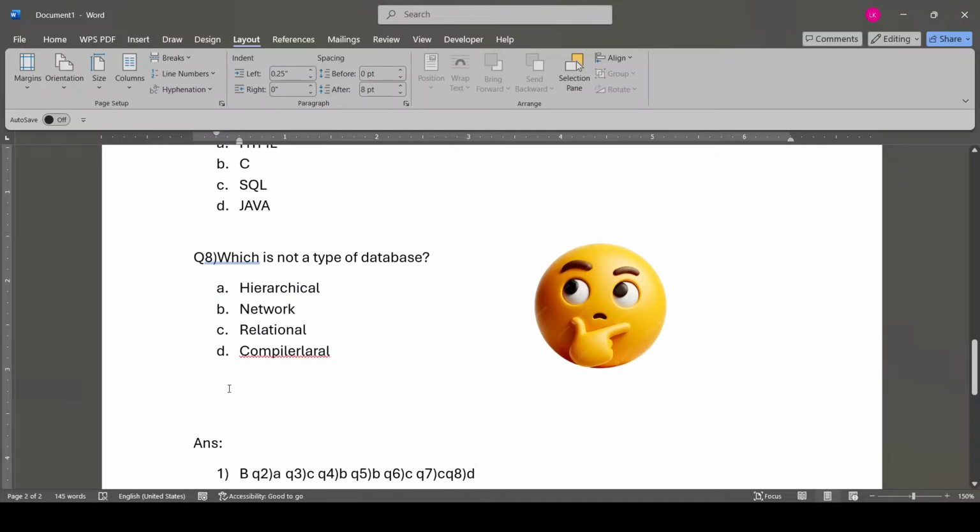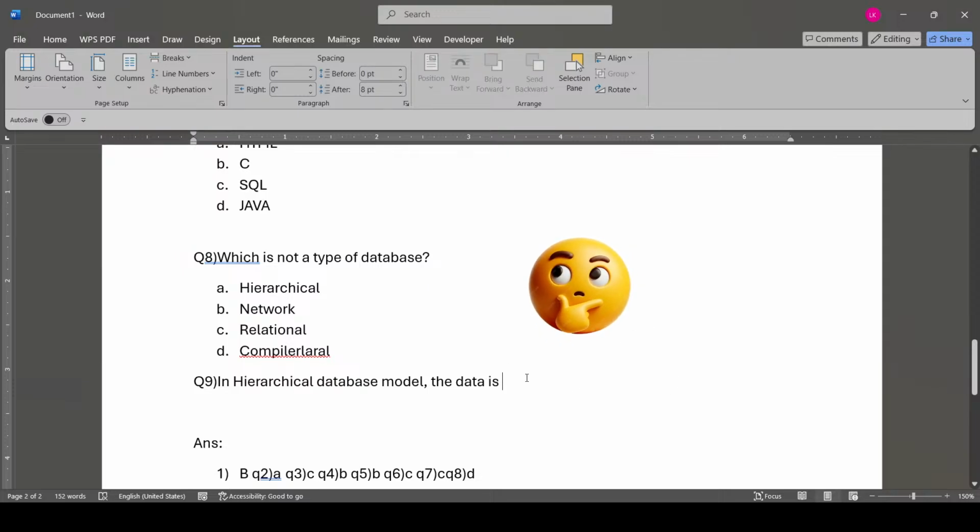Now moving forward, going to write the next question here. Question number 9. In the hierarchical database model, the data is stored in, okay, the options are: tree-like structure.